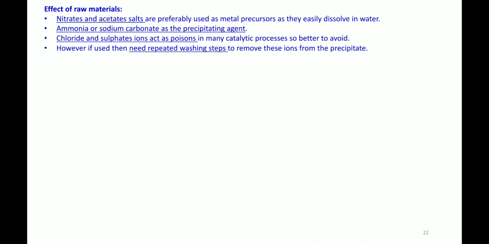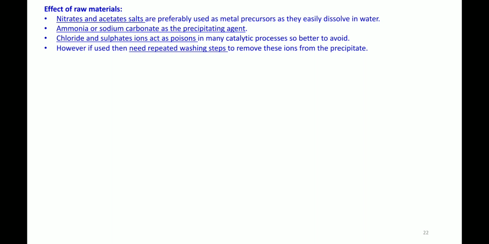Ammonia or sodium carbonate, you can use as a precipitating agent. They are very common: ammonia, KOH, or sodium carbonate. These are very common precipitating agents you can use to make the precipitation happen.